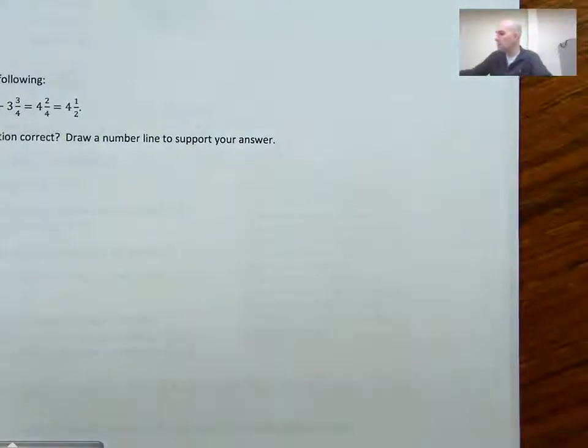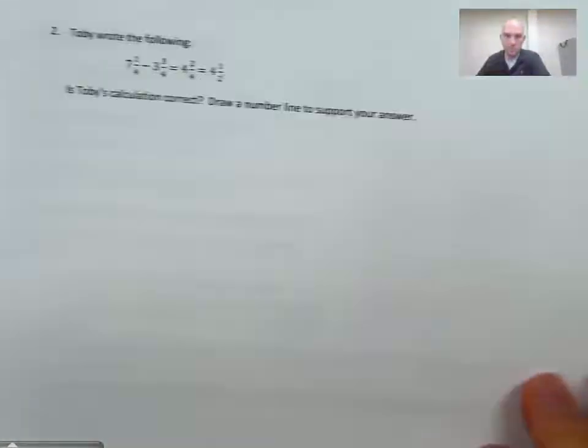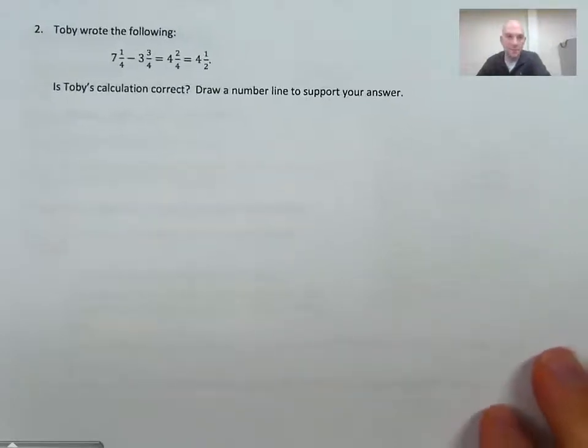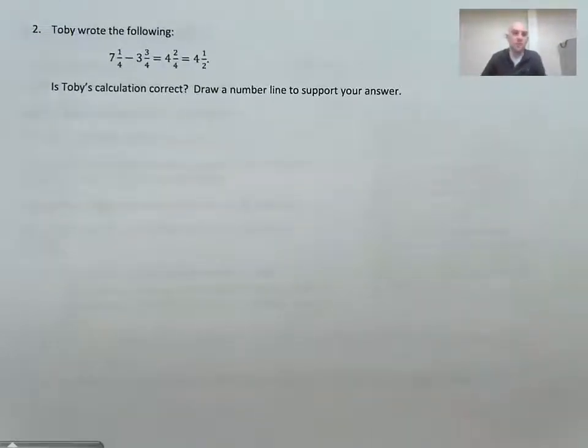All right. Let's try this word problem down here. It says, Toby wrote the following. 7 1/4 minus 3 3/4 equals 4 2/4 equals 4 1/2. Is Toby's calculation correct? Draw a number line to support your answer.